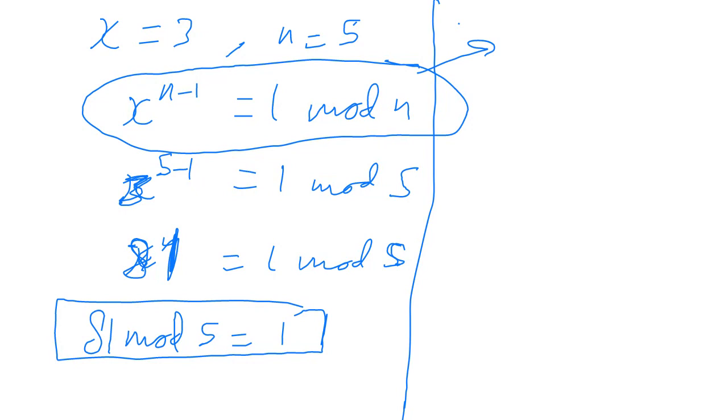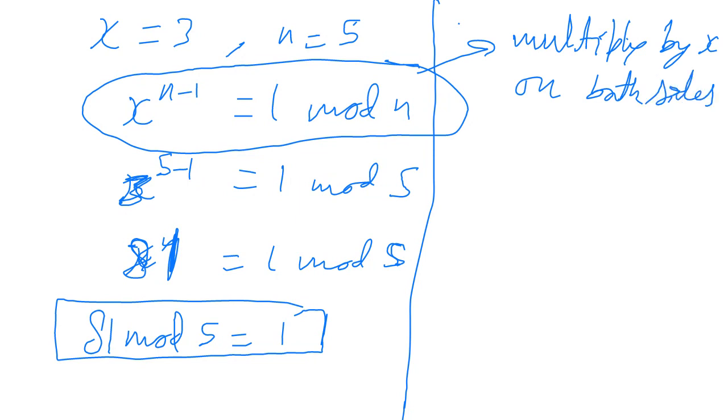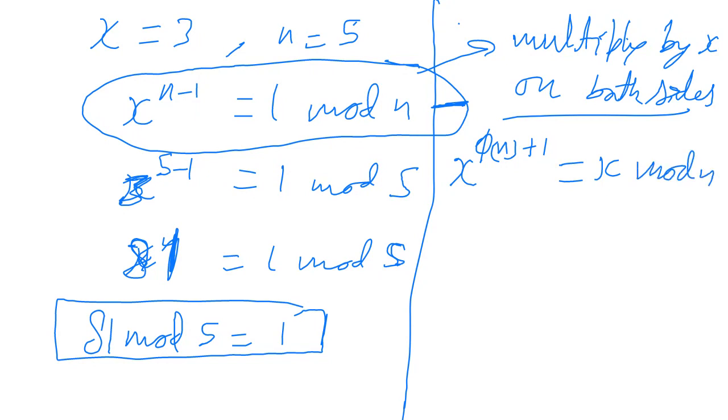Let's multiply both sides of this formula by x. Multiplying x to the power n minus 1 by x makes the exponent n minus 1 plus 1 on the left side, and on the right side we get x mod n.